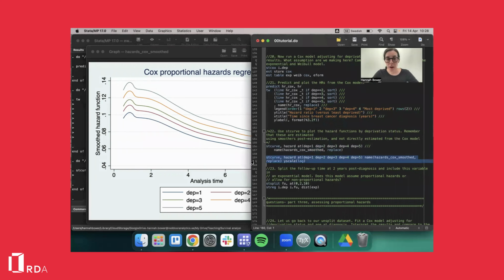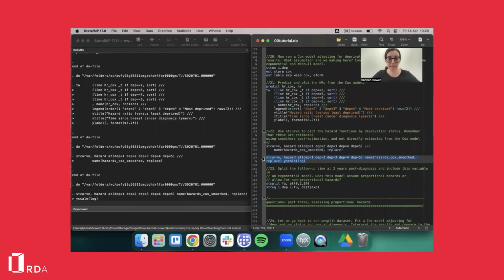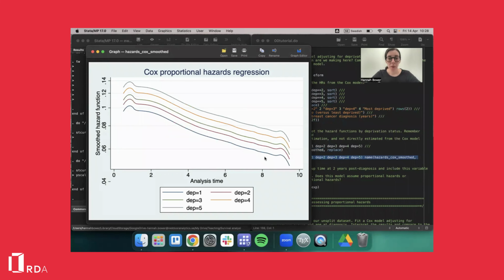So the next part of the command that we have in the do file is exactly the same, except we tell Stata to log the Y scale. So let's have a look what happens here. What we can see then is that the difference across the whole of the time scale between these lines is constant. We fit the models on the log scale.